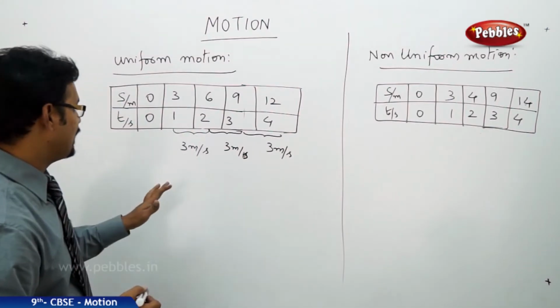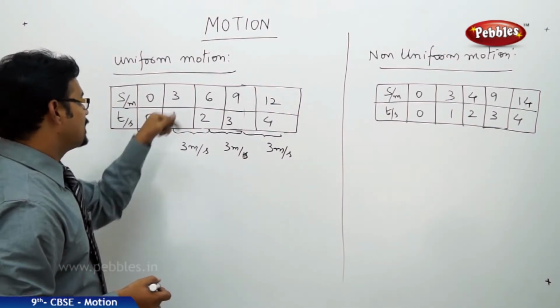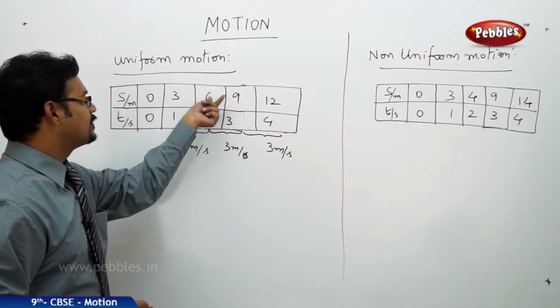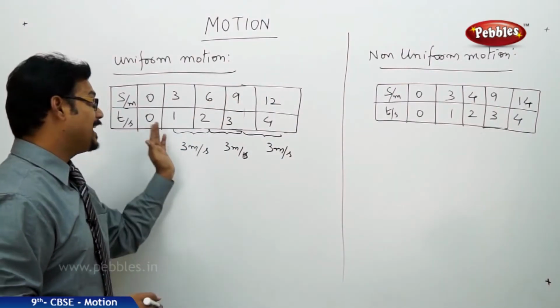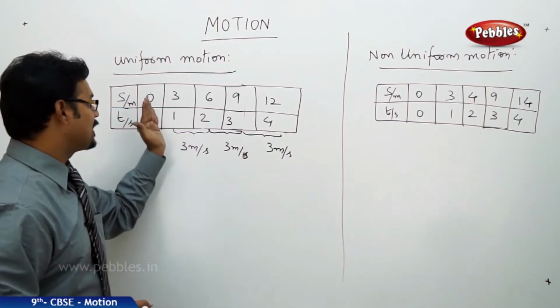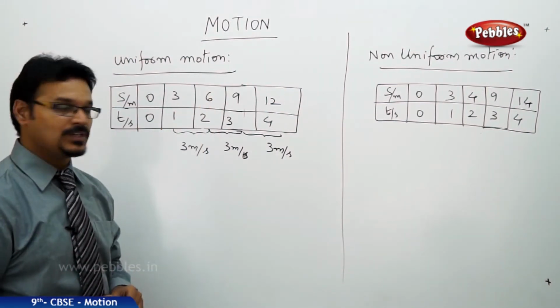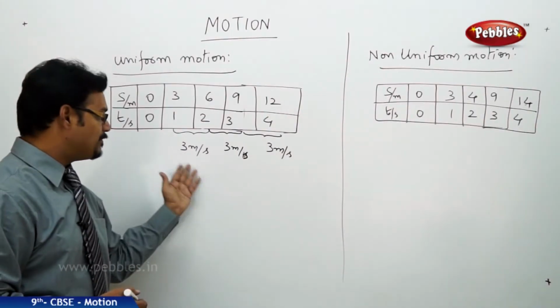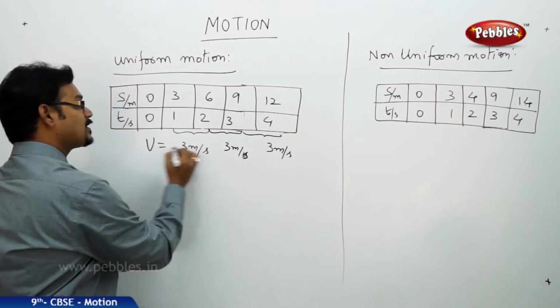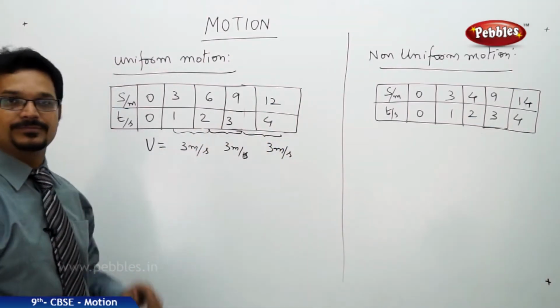So if you observe carefully, this body covers equal distances, 3 meters, 3 meters, 3 meters, in equal intervals of time. I mean each 1 second it's covering 3, 3, 3. So that's why its speed is 3 meters per second, and the speed v is constant throughout.